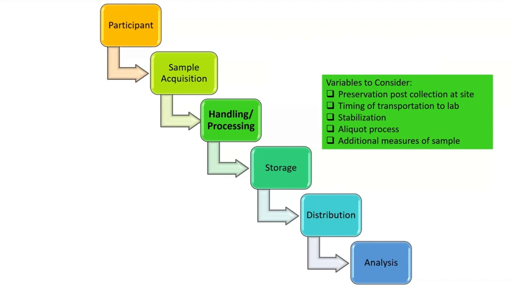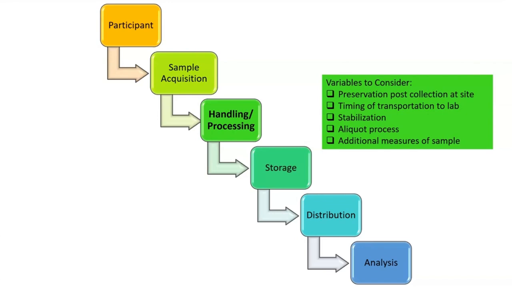You've got to consider stabilization of your sample as well. How long is it stable? We're collecting right now some stool samples for microbiome assessment, and we purchased a particular vial that actually has a stabilizer in it, and that sample is stable for up to 7 days at room temperature.